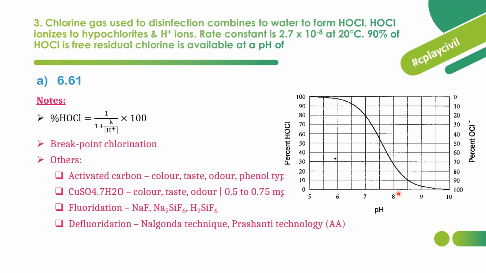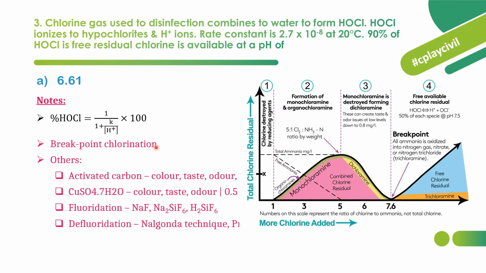Let it be clear: when pH is very low, we have a higher percentage of HOCl, and when pH is at the higher end, then the dominating species is OCl minus. So when pH is very low, the dominating species is HOCl, and when pH is very high, the dominating species is OCl minus. Now let's move on to breakpoint chlorination.